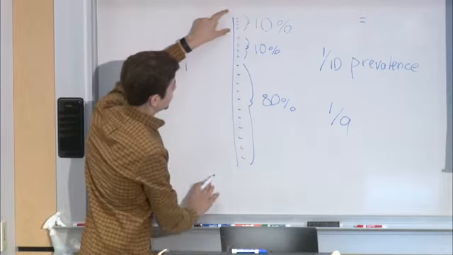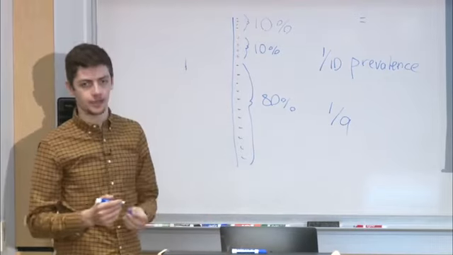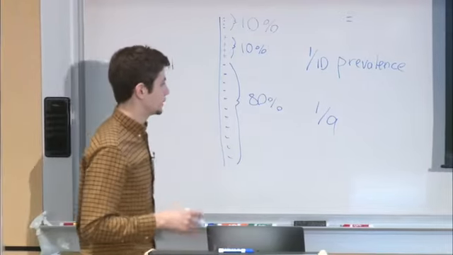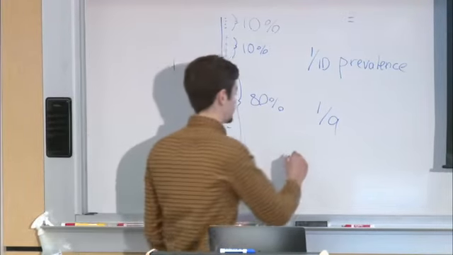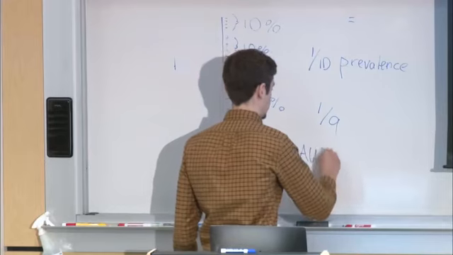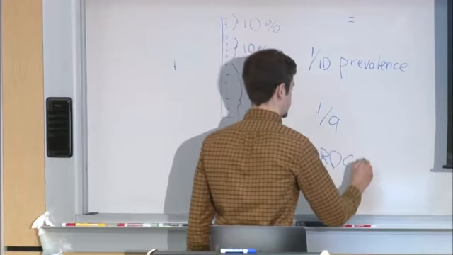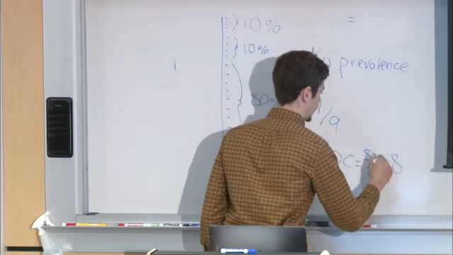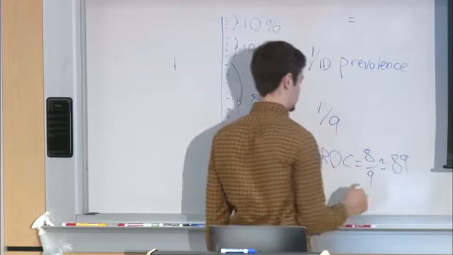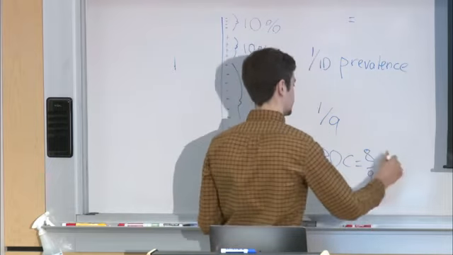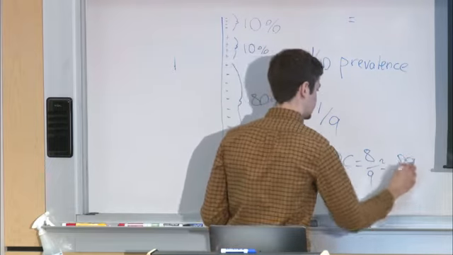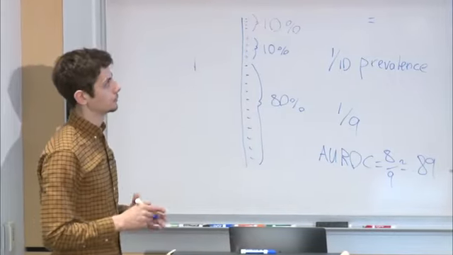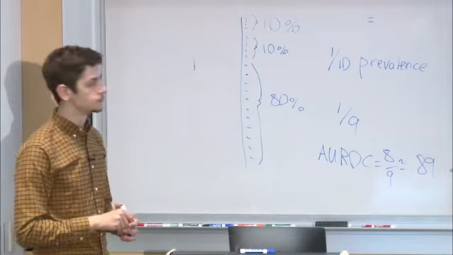Since you have 90% negatives, only 10% out of those 90% will outrank the positives. So that's a 1 out of 9 error rate in this case. And so your AUROC would instead be 8 over 9, which is about 89%, or 0.89. So this also looks really good, even though your classifier is producing something that is not very useful.